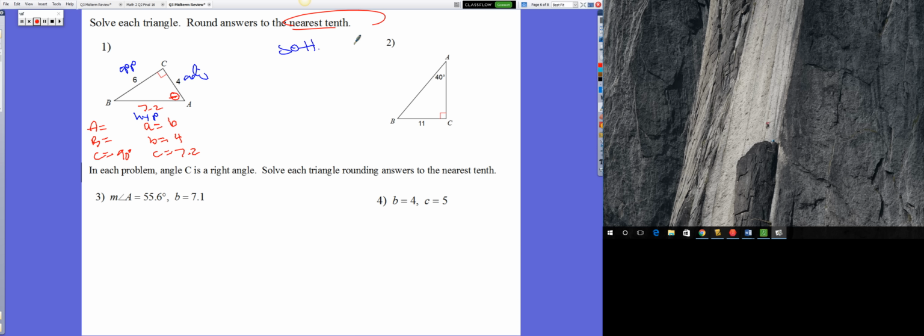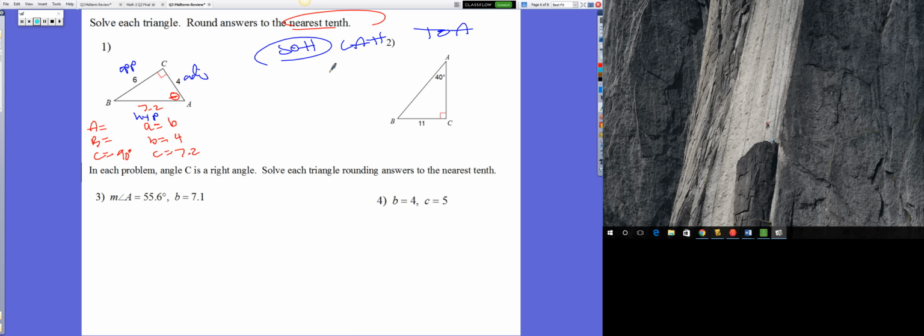Now your trig, we can do SOH, CAH, or TOA. And in this case, I know the O is 6, I know the A is 4, and I know the hypotenuse is 7. I know all three of them. So if I know the O, the A, and the H, I can use any of the three and it will give me the exact same answer.